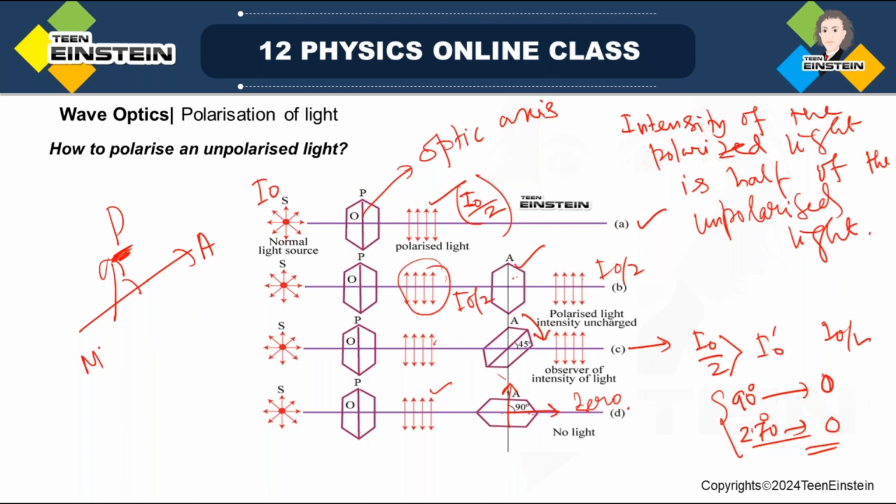That can be found out by Malus law. I'm not discussing it today; we'll discuss it in detail tomorrow. We'll also see another thing: by a scattering experiment, by scattering an unpolarized light, you can actually polarize it.